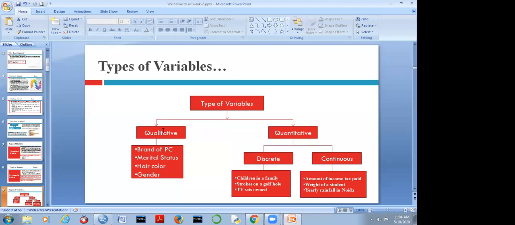I'm satisfied. Satisfied is again qualitative. I can't measure the satisfaction. How much are you satisfied? This is qualitative data. So these are qualitative variables, and qualitative variables, every time in English form we can say it is an adjective, or in statistical form we can say it is qualitative, which is non-measurable because there is no numeric, there's no number.